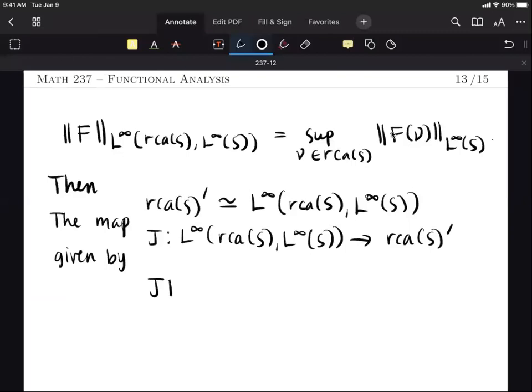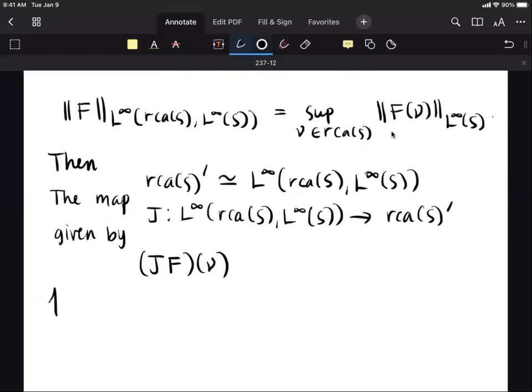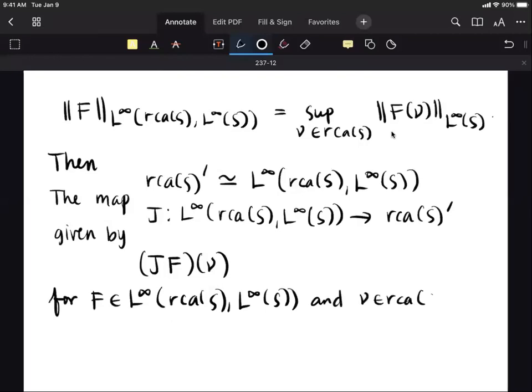We take an f, and we evaluate with respect to nu. So f here is in L infinity RCA of S, L infinity of S, and nu is a regular countably additive measure.